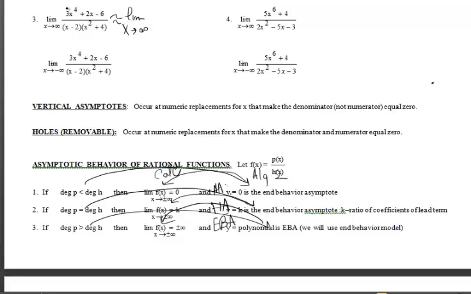I'm going to capture the model. So that would be the 3x to the 4th on top. If I were to do the necessary algebra, I'm going to get an x cubed down here. Can I simplify? Absolutely, I can. So the limit as x goes to infinity of 3x.